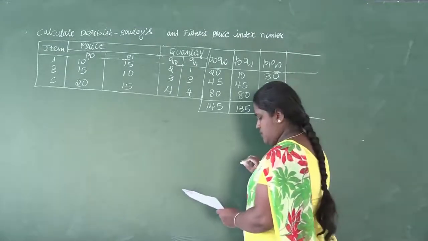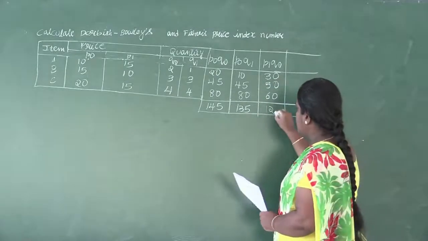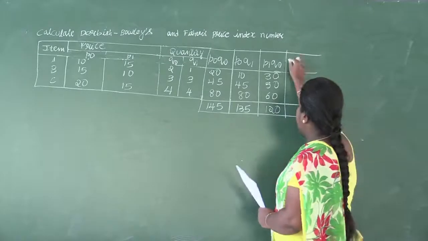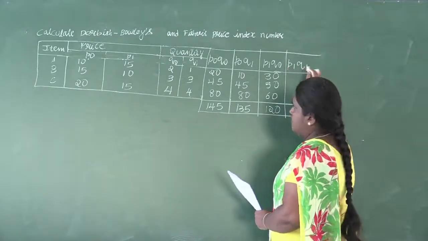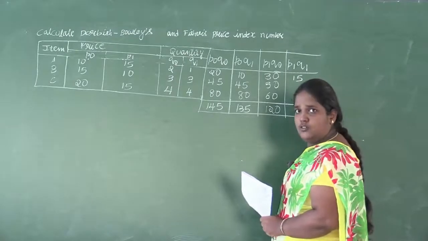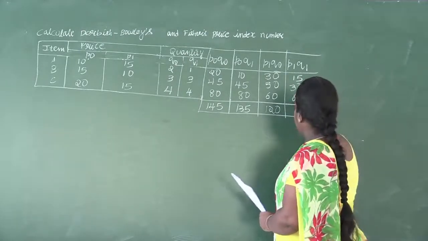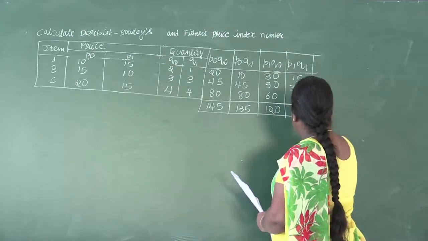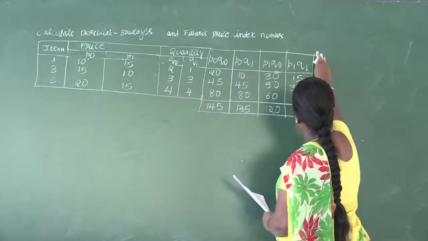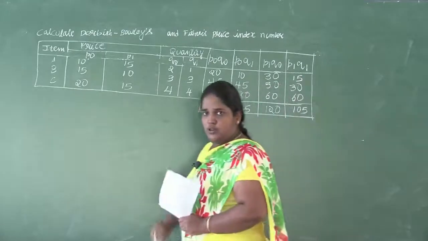So you have to add the 30 and 60, will get 120. Then P1 Q1, 15 into 1, it is 15, 10 into 3, 30, then 15 into 4, 60. Add P1 Q1 values, 15, 30 and 60, will get 105.